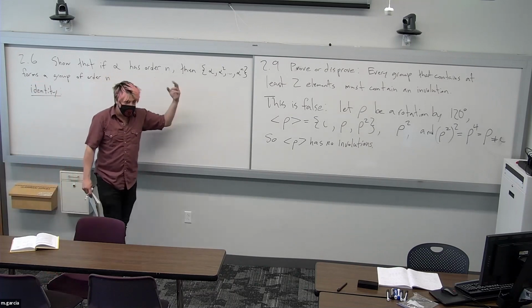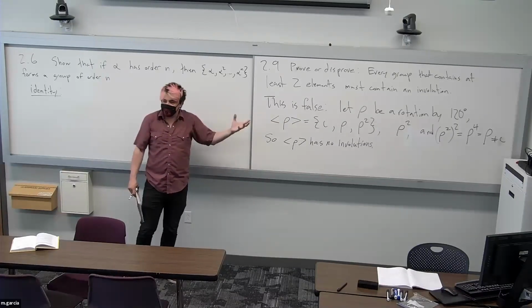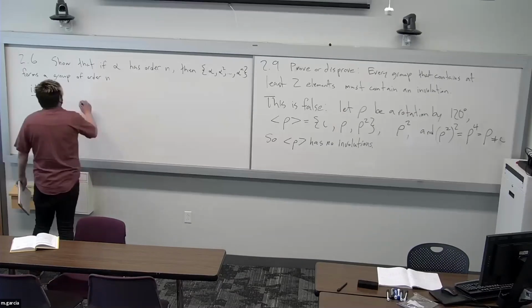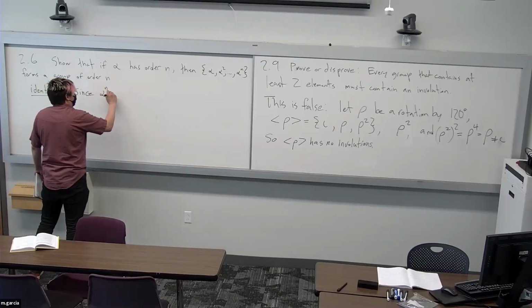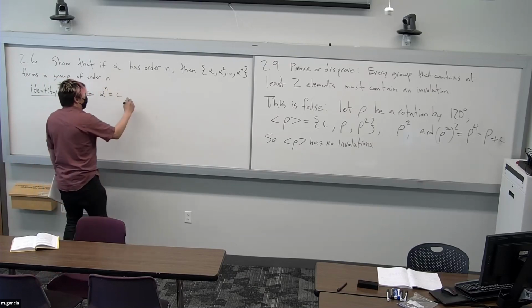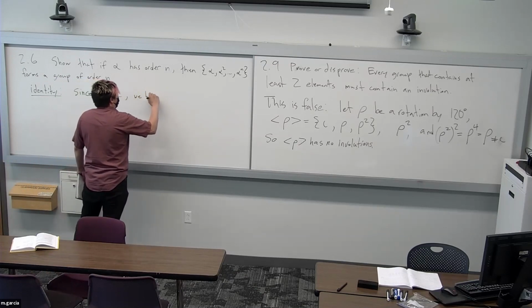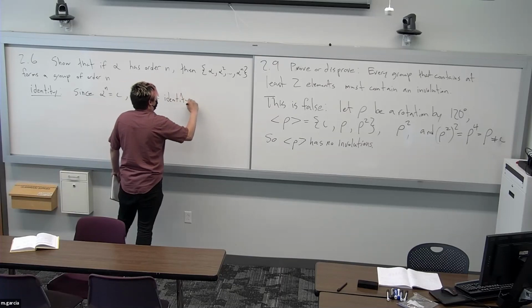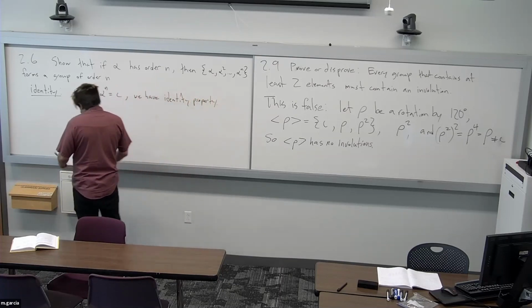It means n is the smallest positive integer for which alpha raised to that power is equal to iota. Since alpha to the n equals iota, we have the identity property.